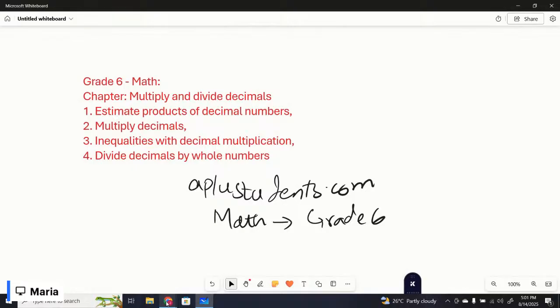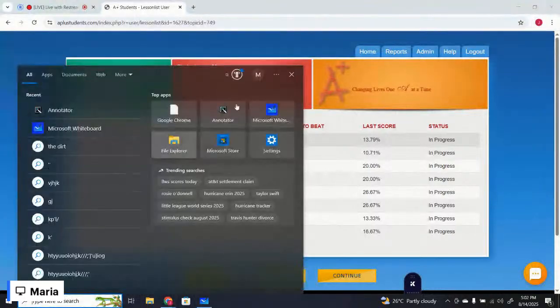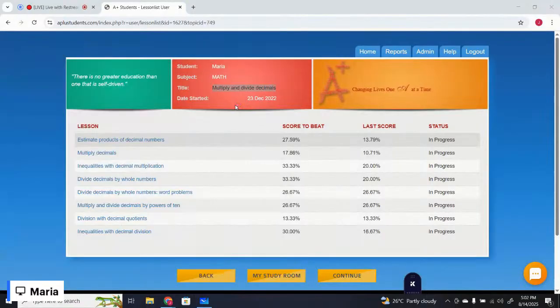So here I am, multiply and divide decimals. Estimate products of decimal numbers.